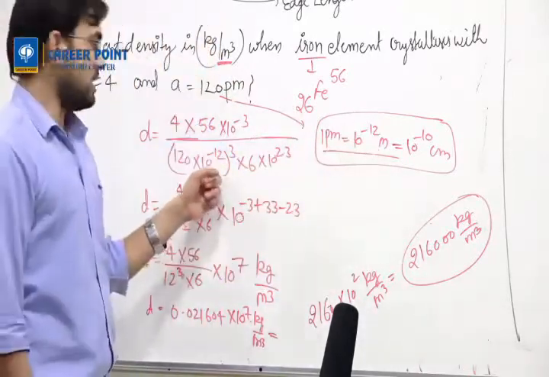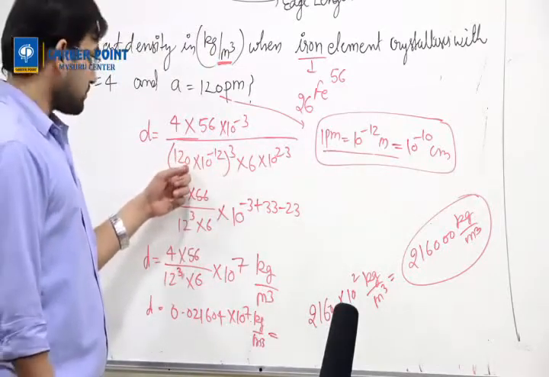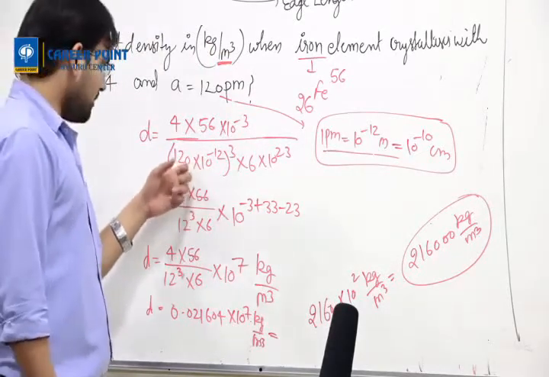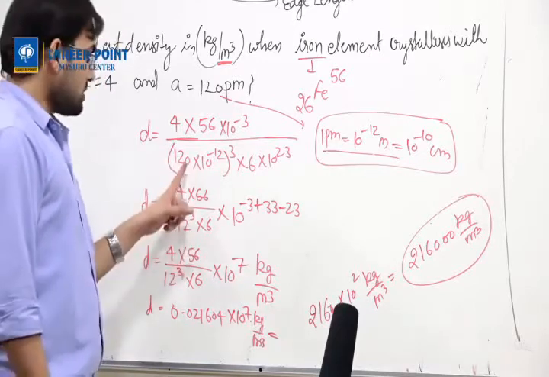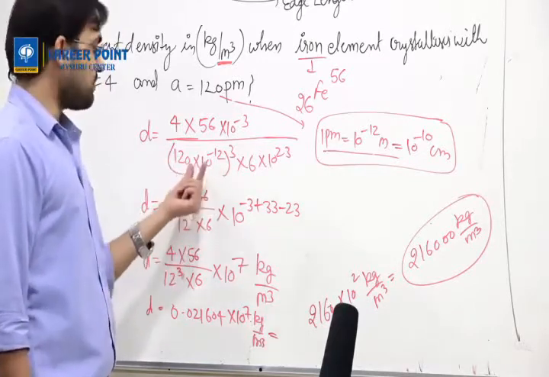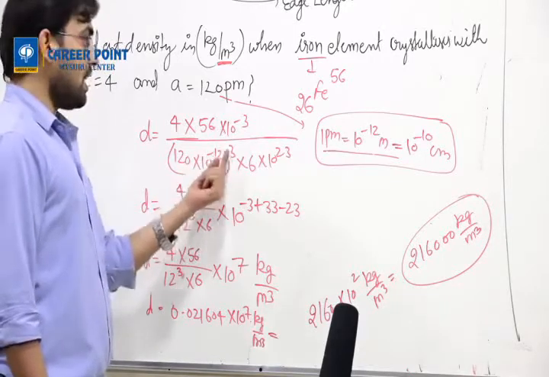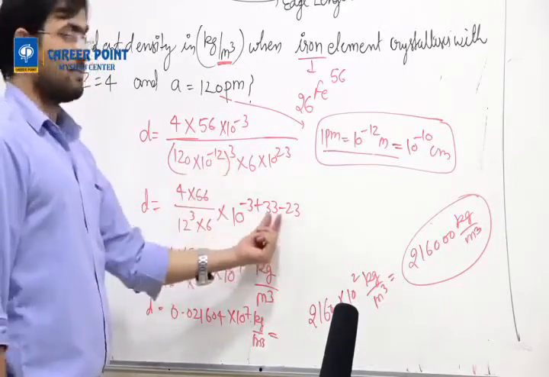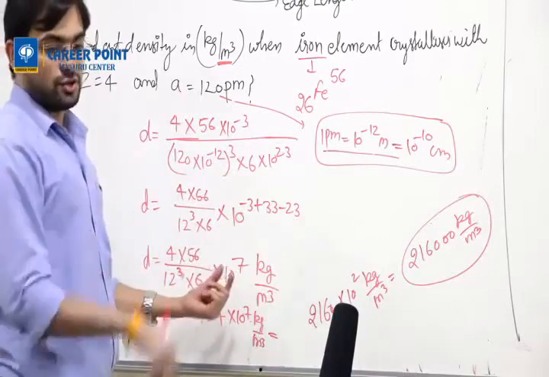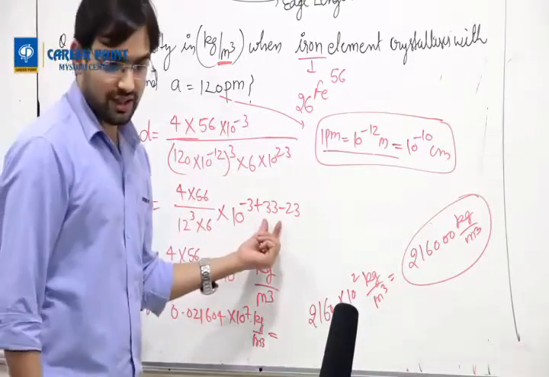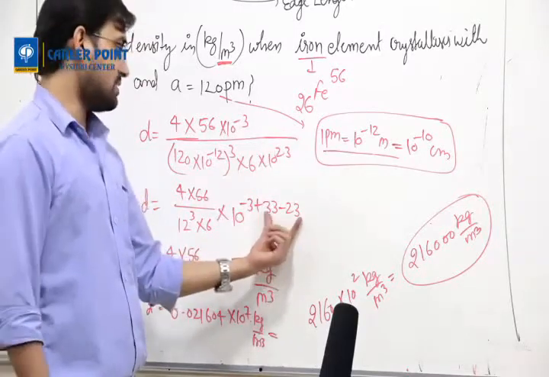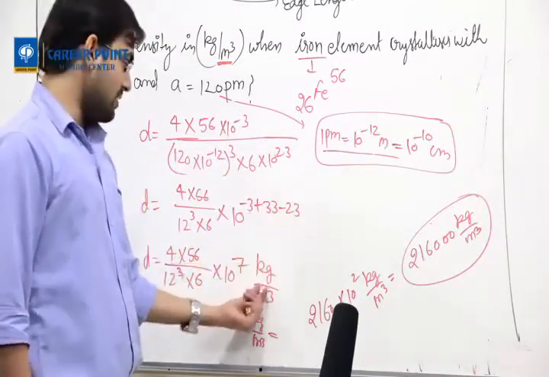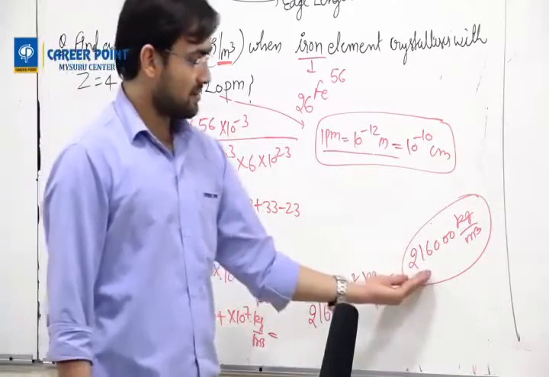Minus 12 I wrote here, but then 120 it is. Then 10 power 1, because I am taking 12 only. So 10 power 1 minus 12, so 10 power minus 11, whole cube. So 10 power minus 33, which goes to the numerator and becomes plus 33. Already minus 3, and 23 goes to minus 23. This is 10, minus 3 is 7, so 10 power plus 7. This is the answer.